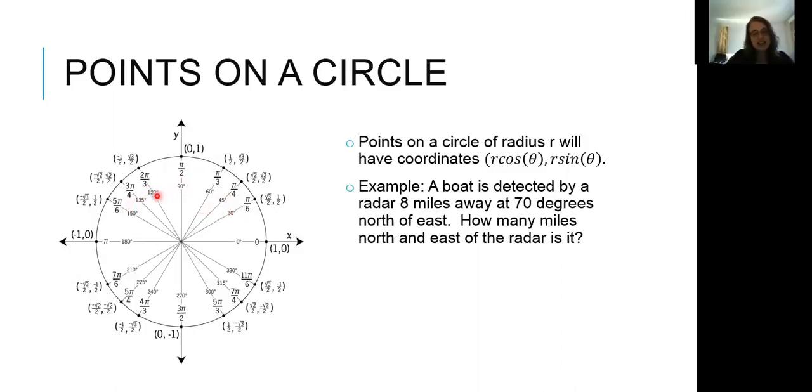But if you understand the relationship as we move around the circle, then you only need to memorize these 5 points, and then you can get to the others by changing the sign as necessary. The sign is the positive or minus sign.